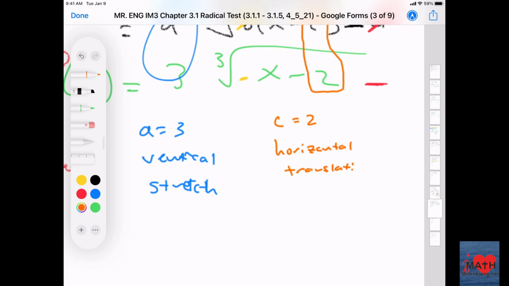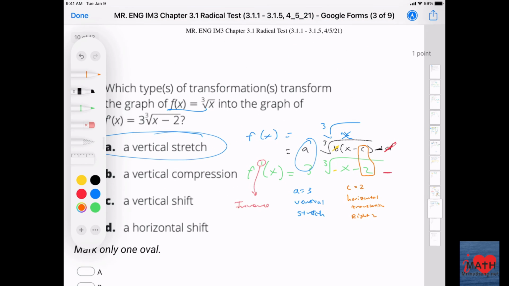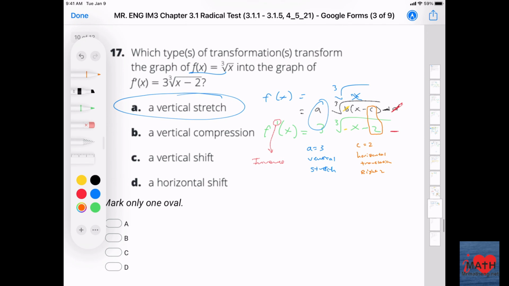And because it's positive, it's actually going to go towards the right too. So let's see what we have over here. Horizontal shift, that's good enough. A vertical compression would be a number less than 1. We just talked about that, so not this one. And a vertical shift would be a d value, but we didn't have a d value, so not that. So that is your answer for 17. It's either A or D.